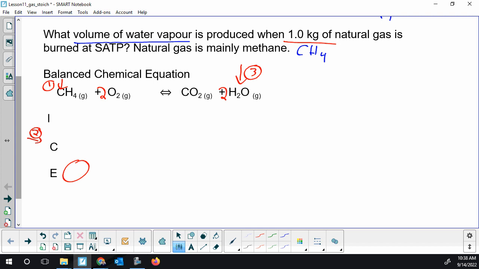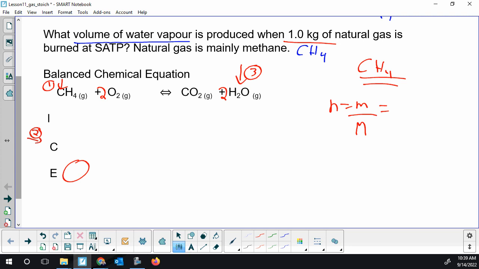So how much methane do we have? Well, that's a kilogram. That's gravimetric stoic. So we're not doing any gas relationships yet because that's a mass. So for CH4, I'm going to get moles from mass over molar mass.